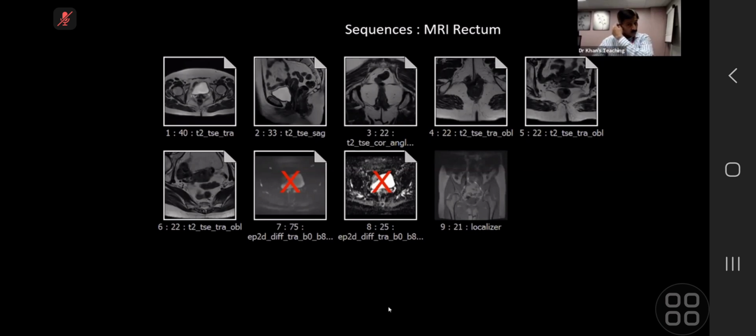So now, if you see the sequences of MR rectum, these are the sequences, and this is what we used to do. We used to do a large field of view. When a case comes to you for rectal carcinoma, please remember, you should be given the histological diagnosis.